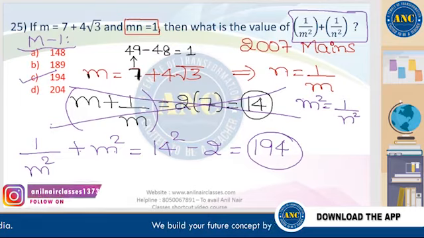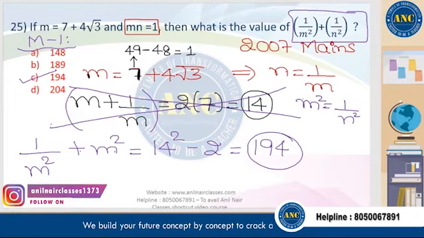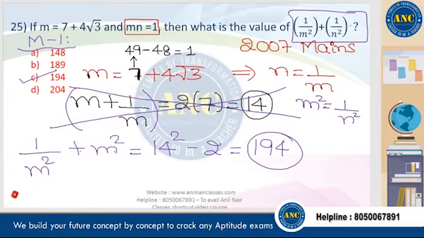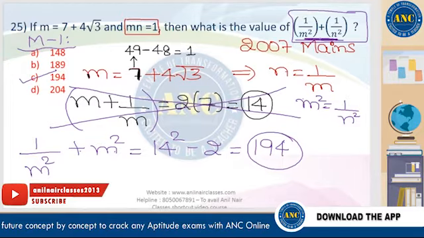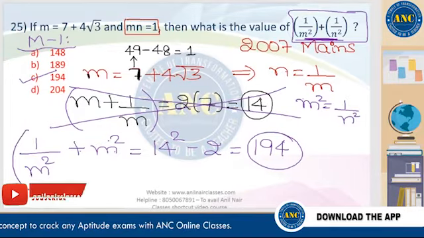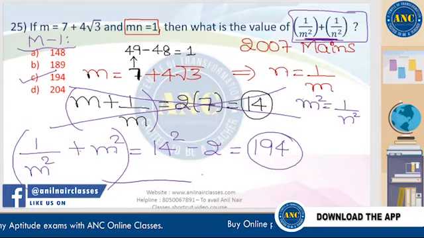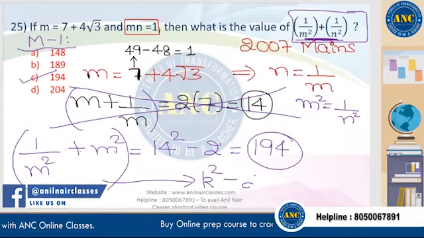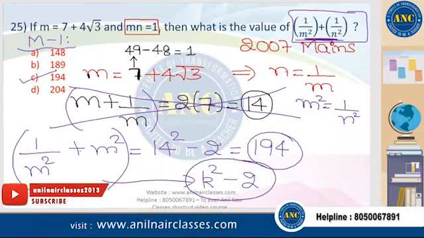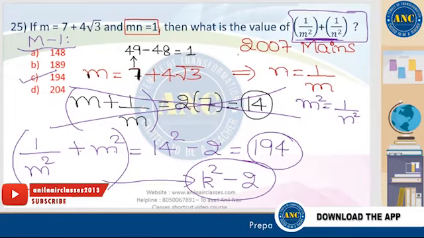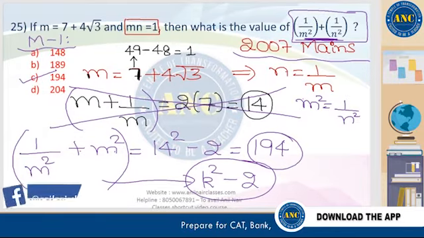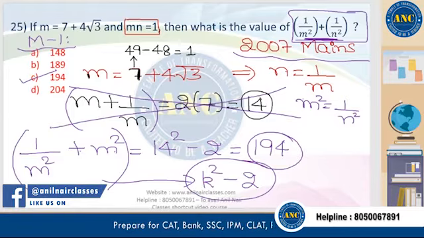That means m square plus 1 by m square is what is actually asked in this particular question. M square plus 1 by m square should definitely be of the form k square minus 2. Within a second or two, this original mains question can be solved.